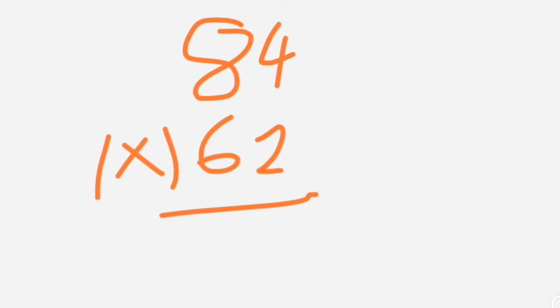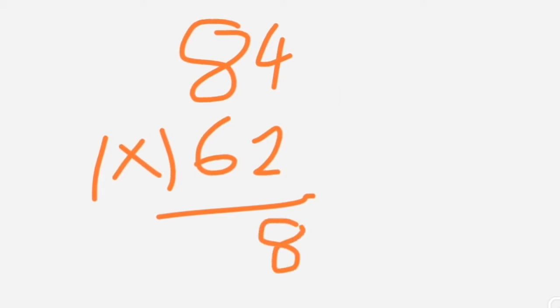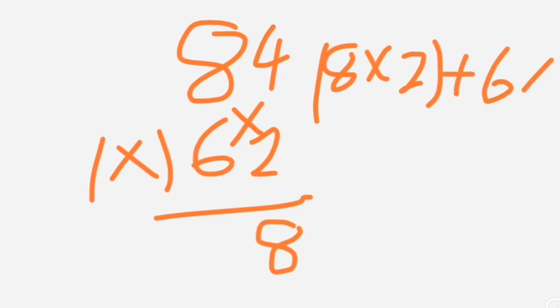First multiply the unit digits of both the numbers, that is 4 into 2. So 4 into 2 would be 8. Then cross multiply and add the sum, that means 8 into 2 plus 6 into 4.